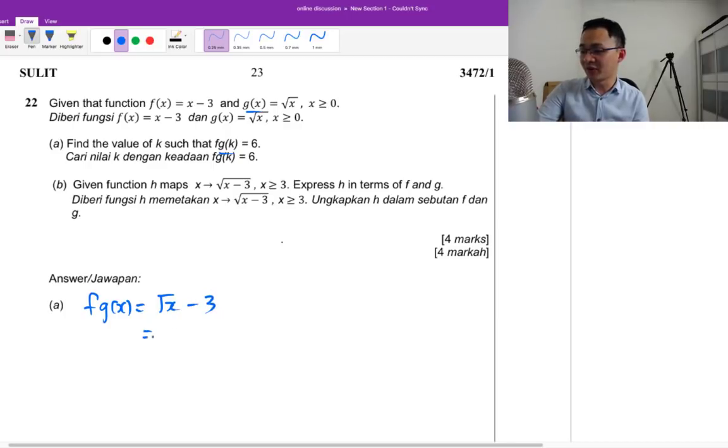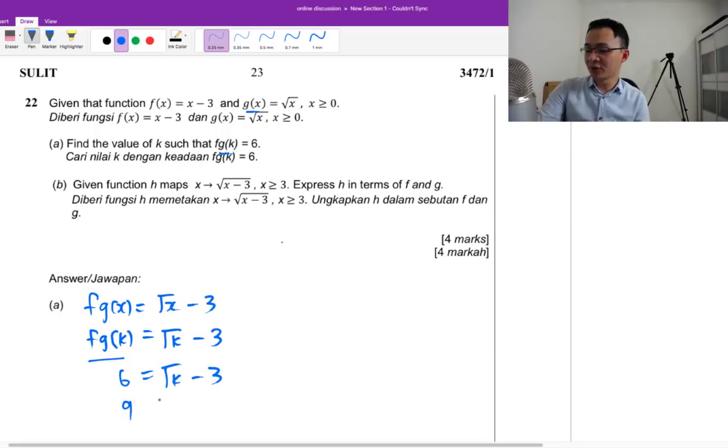This is a composite function. The question asks about FGK, so it will be square root of K minus 3. And FGK is given as 6, so square root of K minus 3 equals 6. So 9 equals square root of K. Moving the square root to the other side becomes a square, so K will be 81. Alright, it's very simple.